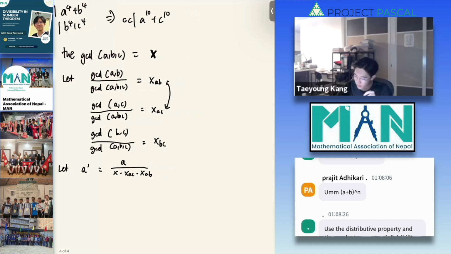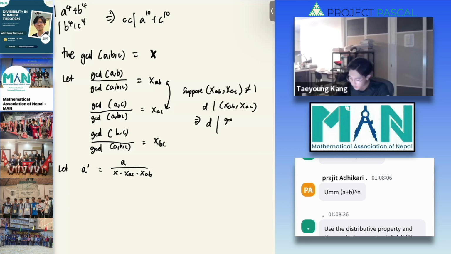Because suppose the GCD of X_AB and X_AC is not 1. Then there's some divisor D that divides the greatest common factor of these, which means that D divides the GCD of A, B, C, correct?